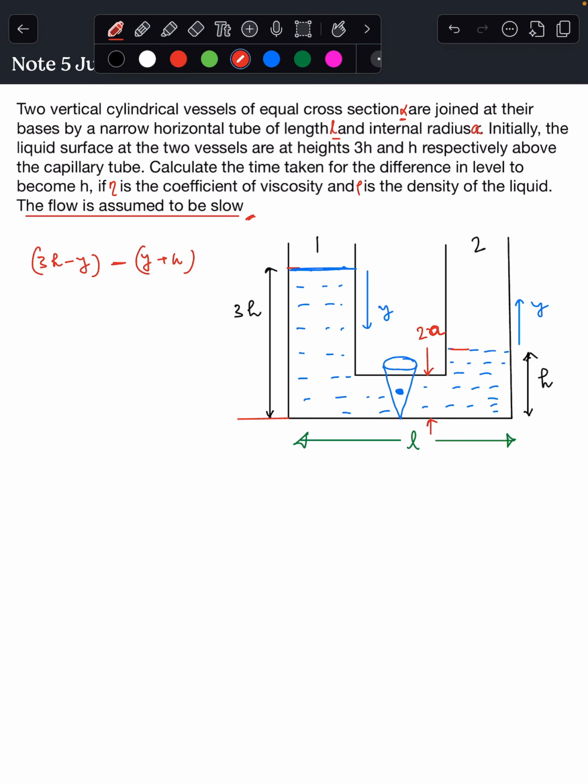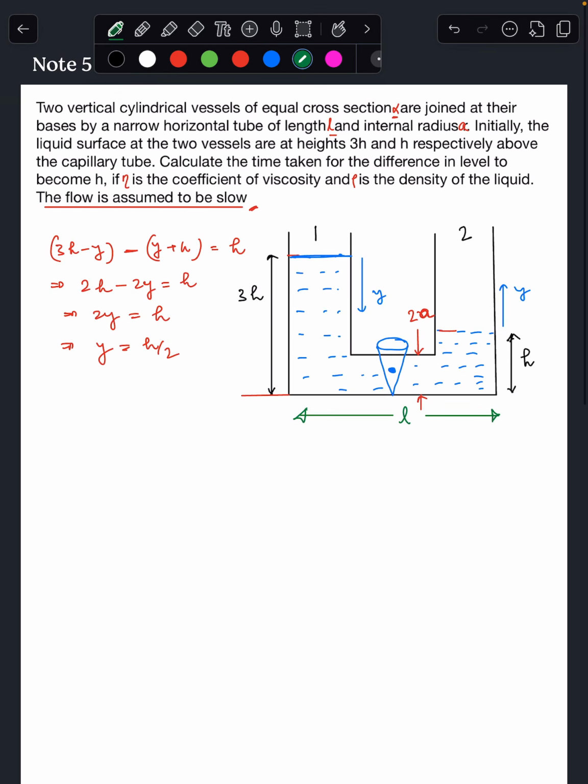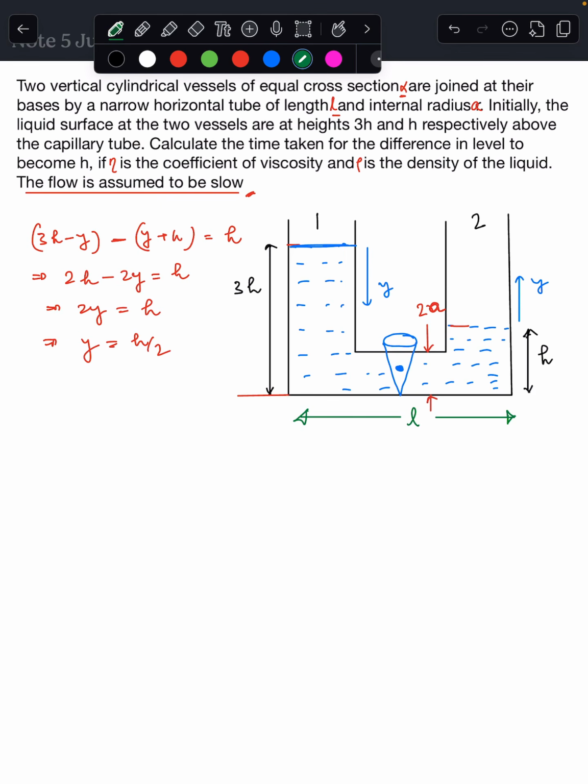The difference in the two levels has to become h. So for that, I'll do a simple calculation. 3h minus h is 2h, minus 2y is equal to h. So definitely 2y is equal to 2h minus h, that is h. So y is equal to h by 2. Fine. I will use this data later.